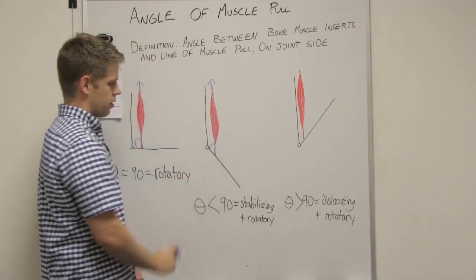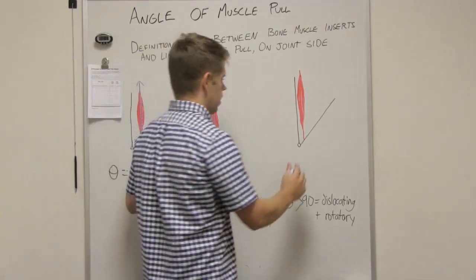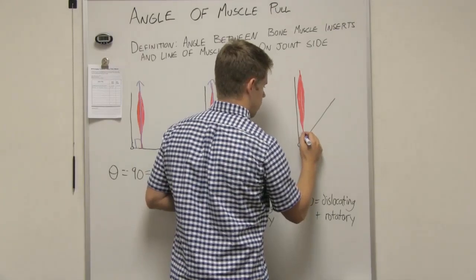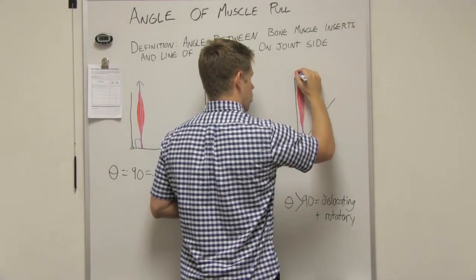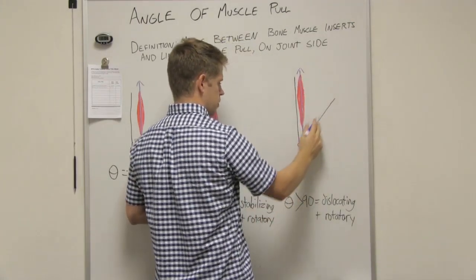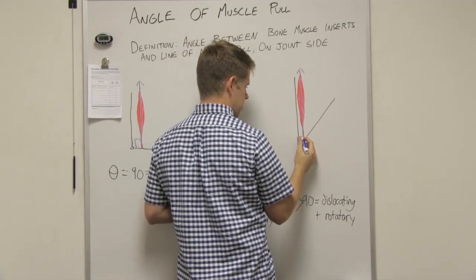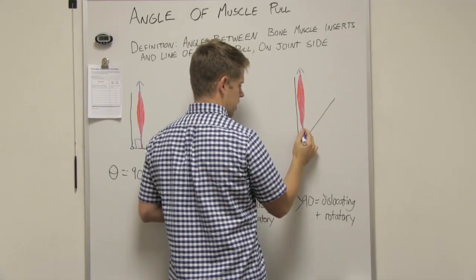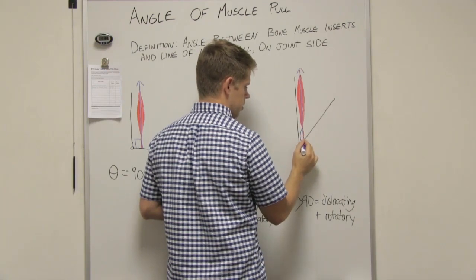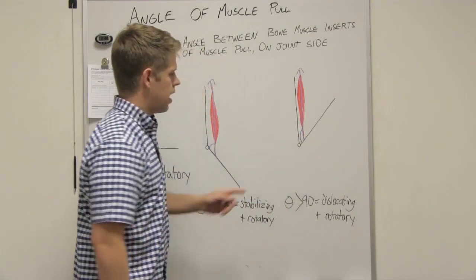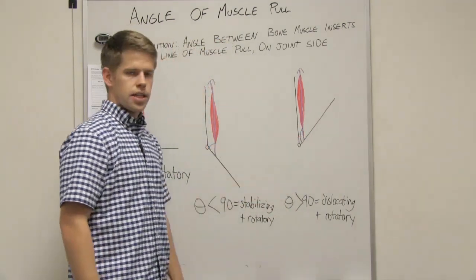You can see that angle is less than 90 degrees. Then again here, line of muscle pull, insertion to origin, and between the bone on which the muscle inserts on the joint side, here to here. You can see that angle is greater than 90 degrees.